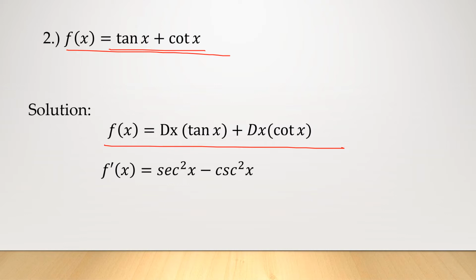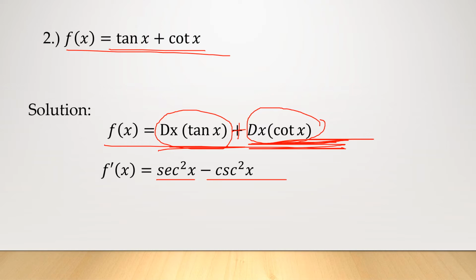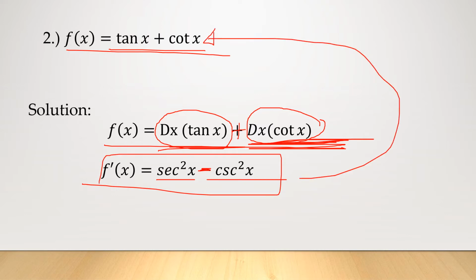So we will treat them separately. We are going to get the derivative of tangent x, then we are going to get the derivative of cotangent x, and then eventually, i-add natin yung answer nila. The derivative of tangent x is secant squared x. And ang derivative naman ng cotangent x is negative cosecant squared x, kaya ito ay naging minus na. Okay? So this is now the derivative of this given function.